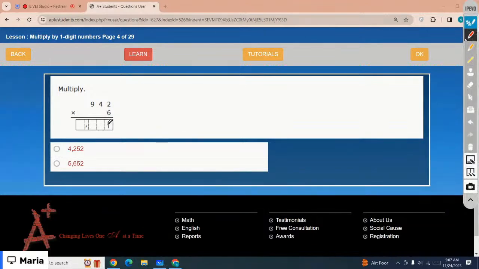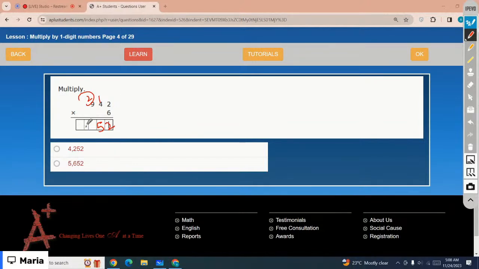Write 2 here and carry 1. 6 times 4 is 24 and 1 is 25. Write 5 here, carry 2. 9 times 6 is 54 and 2 is 56.